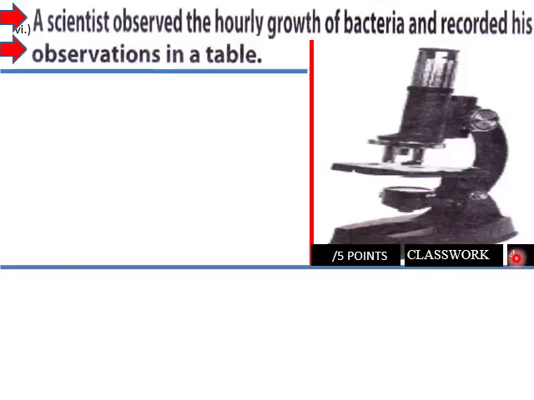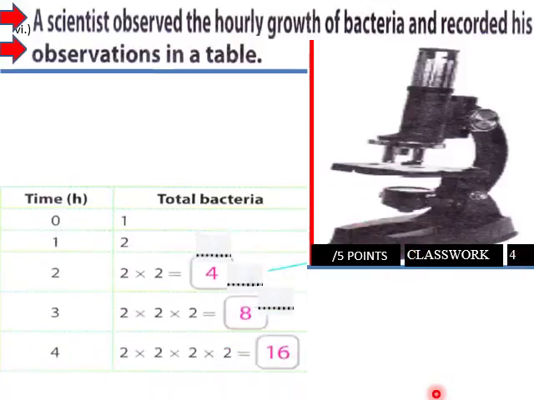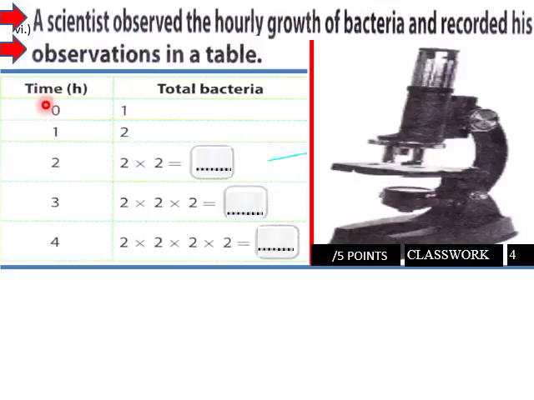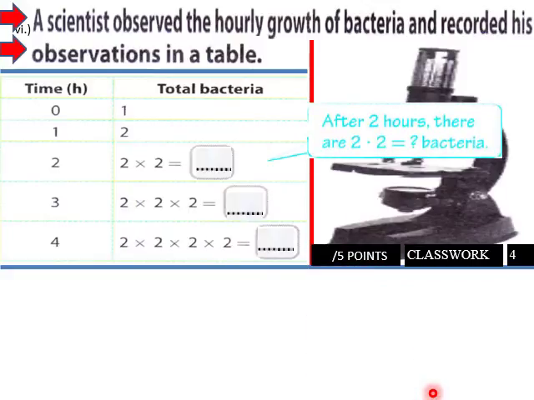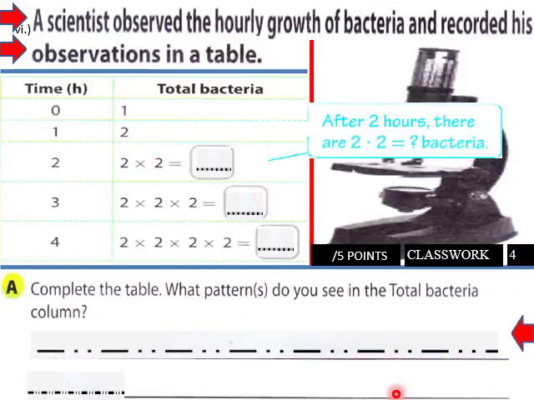So here we go to a table, page 4 in your classwork. Time in hours, and then total bacteria. After 2 hours, there are 2 times 2 equals what bacteria? 2 times 2 is what? Fill in your blanks here, students.